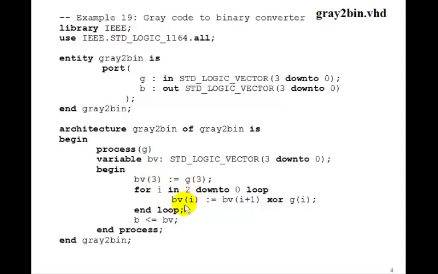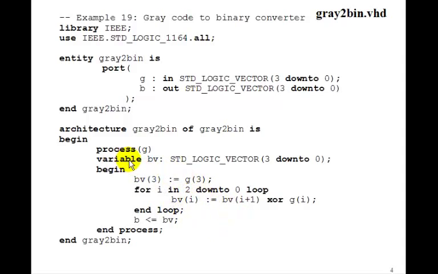It therefore works. Now, when you come out of the loop, we want the output B, which is actually the output, to then get assigned BV, the variable which you computed. In this case, it'll generate the circuit with the 3 equivalent exclusive OR gates, like we saw before.